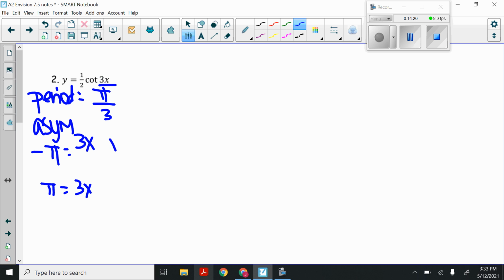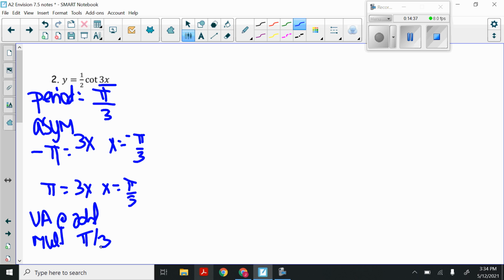Solve for x. So x equals negative pi over 3. And x equals pi over 3. So our vertical asymptotes are going to be at odd multiples of pi over 3.